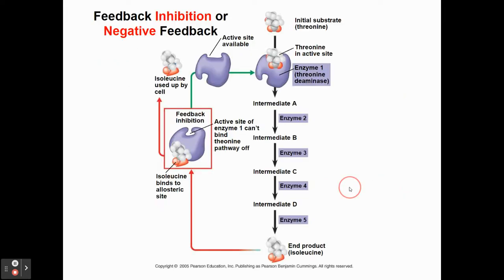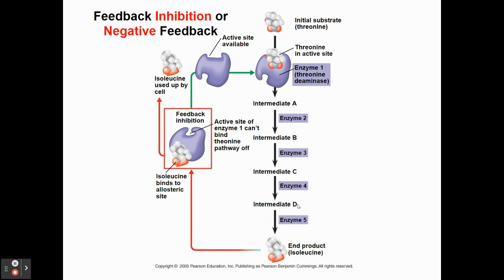Now, this plays a huge role, these non-competitive inhibitors, because one of the things that they do is they help to save energy resources in an organism. Let's look at this metabolic pathway, where we're starting with the initial substrate of threonine, which is an amino acid, and we end up with the amino acid isoleucine. One thing you need to realize is that these metabolic pathways consist of many, many, many steps, each step catalyzed by a specific enzyme.